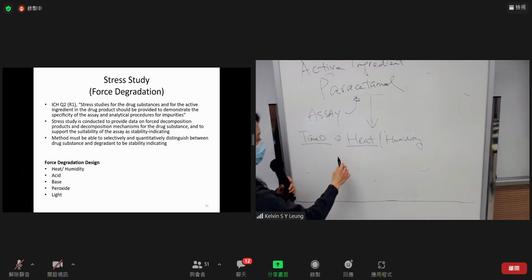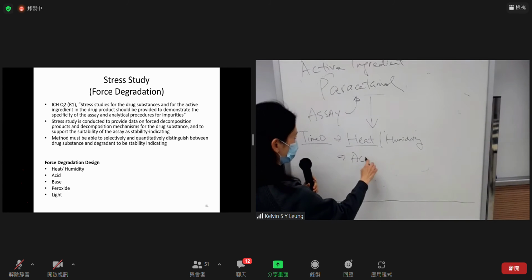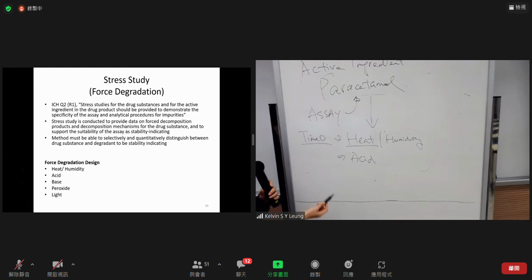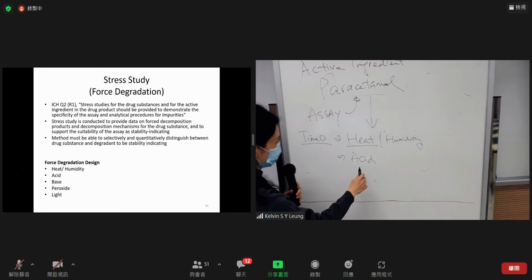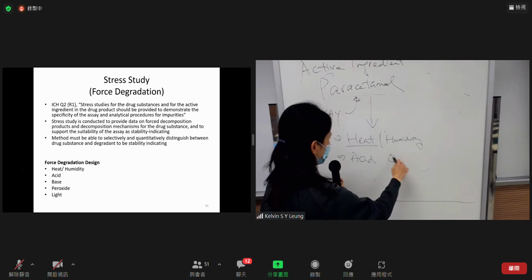Another option is that we would like to add some acid to hydrolyze the samples. Some of the ingredient may be hydrolyzed, so we have some prediction of what kind of degradants there will be.